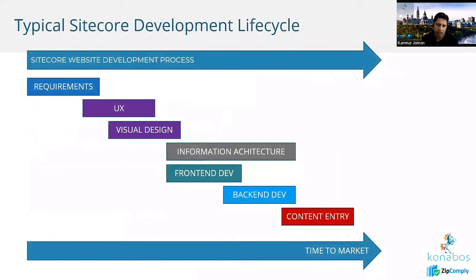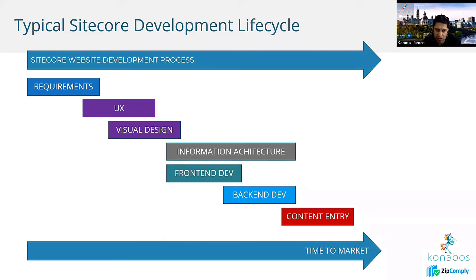So if we take a look at the typical development life cycles, with Sitecore development we take very much a waterfall or phased approach. The requirements phase is still very, very important. We'll build out a UX and wireframes, hand that over to a visual design team to create the look and feel and the color scheme.